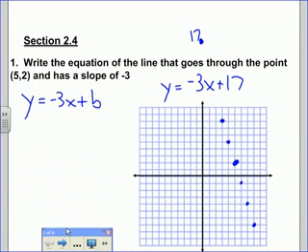Slope x minus and then distribute. Okay, yeah, that's just a different form. Well, usually what I like to do is I'll just substitute in. We were given 5, 2. Since that's a point on the line, I'll just substitute that in there. So y is 2, x is 5, and then solve that for b.